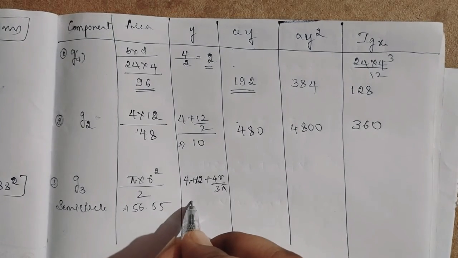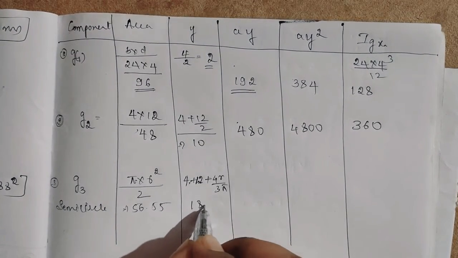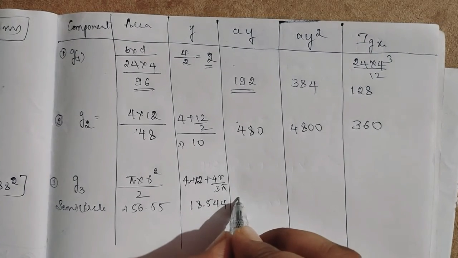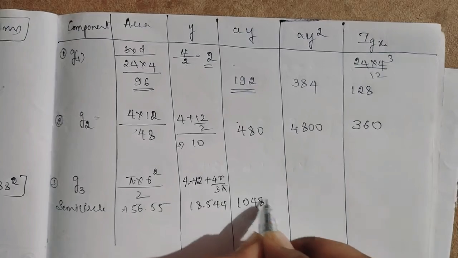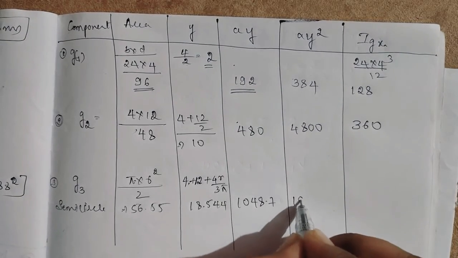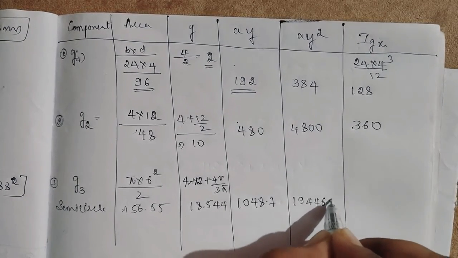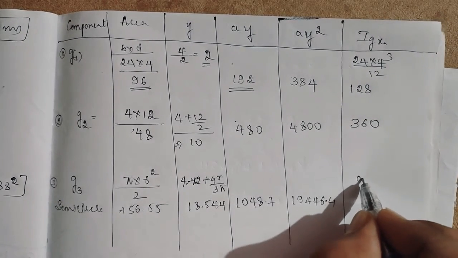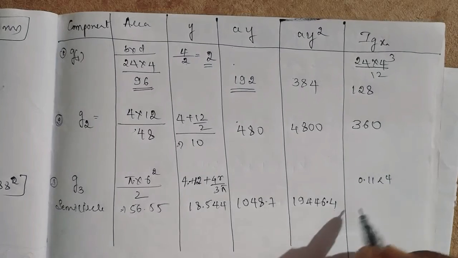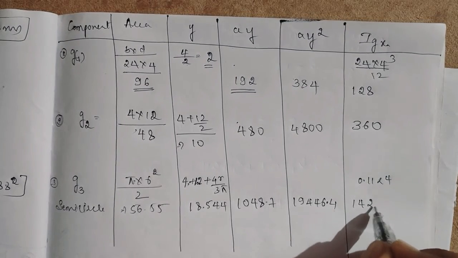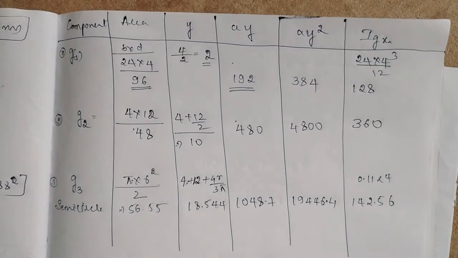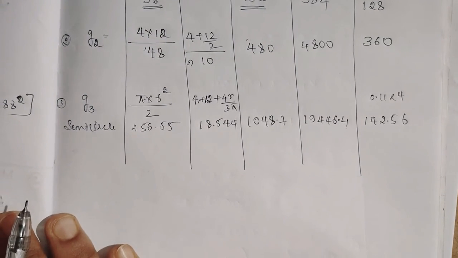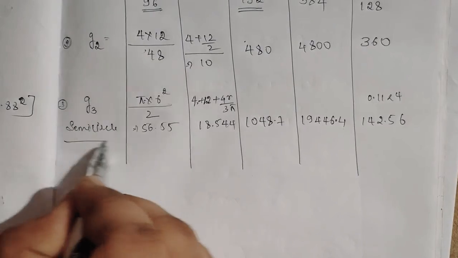The value will be 18.544. When I multiply a into y, it will be 48.7. Again multiply with the distance, it will be this. Then I multiply with Igx, that is 0.11 r to the power of 4, it will be 142.56. So easy. Once you know the formulas and once you know the method, it becomes easy.